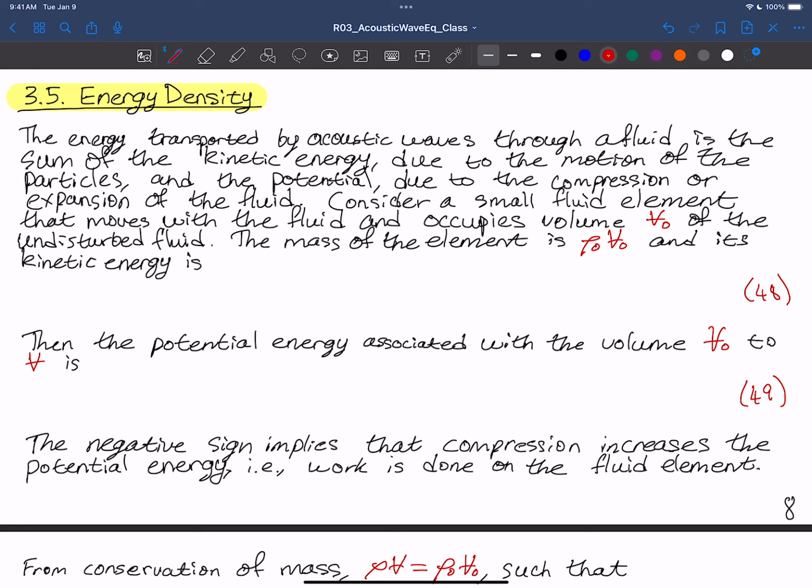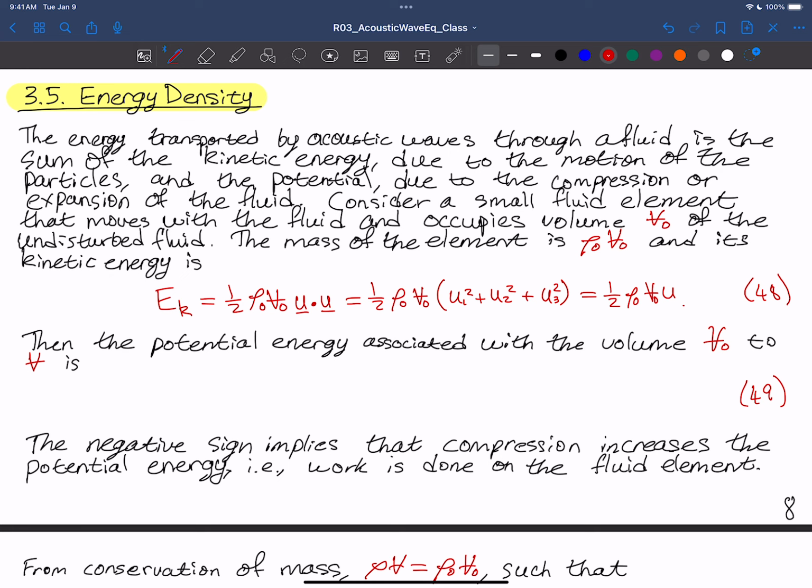The mass of that element is then rho 0 times V0, and we can write that its kinetic energy, E sub k, is 1/2 times rho 0, the density, times the volume, V0, times U dot U, where this is the fluid particle velocity, or in other words, 1/2 rho 0 times V0 times the quantity U1 squared plus U2 squared plus U3 squared, which we could write as being equivalent to 1/2 rho 0 times V0 times U squared, where U is just a scalar amplitude.